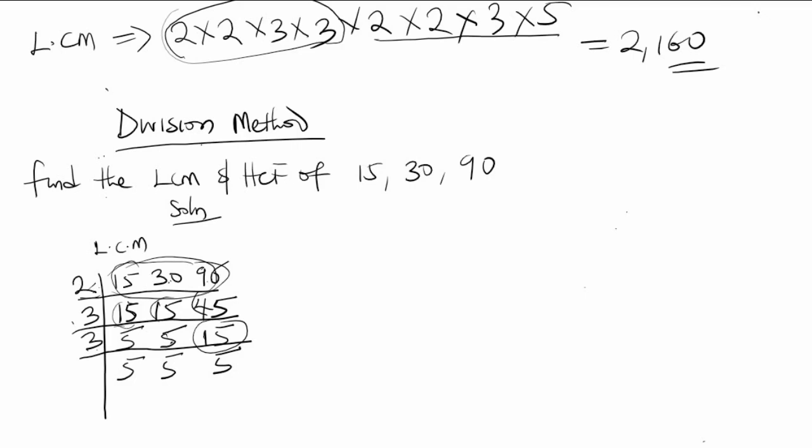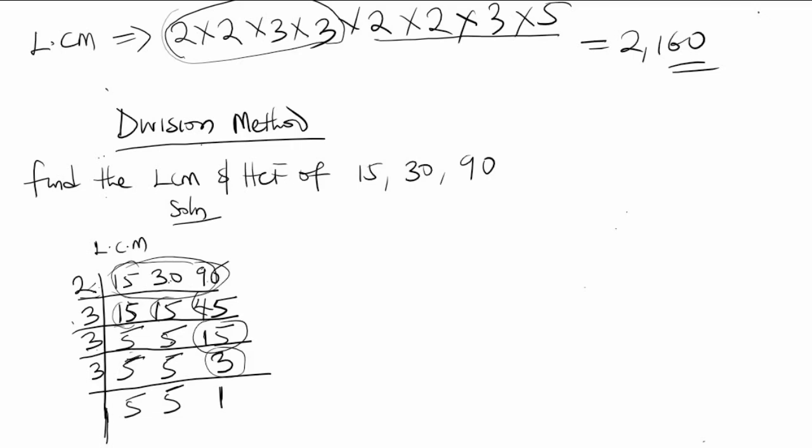Can 3 divide anything else here? Yes, 3 can divide 3. We write down 3 again. But it cannot divide this 5, so you write down 5. But you can divide 3 to give 1.